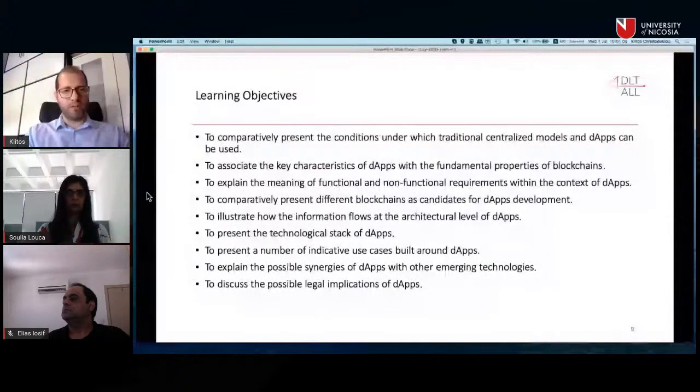And towards the end of this module, we will be presenting the technological stacks for building decentralized applications, the life cycle of building such decentralized applications with the appropriate user interfaces, and also the backend, which is supported by a set of smart contracts.